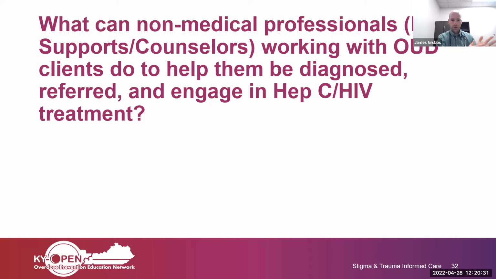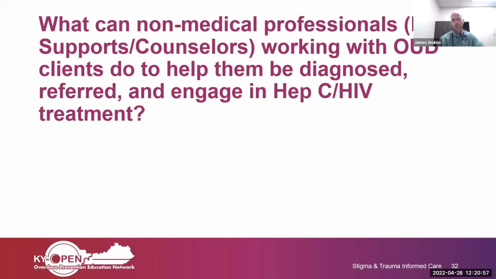And certainly for corrections-involved individuals, there's a higher rate of both hepatitis C and HIV. Some of that has to do with how our correction system treats, or doesn't treat, but I guess engages with substance use disorder.